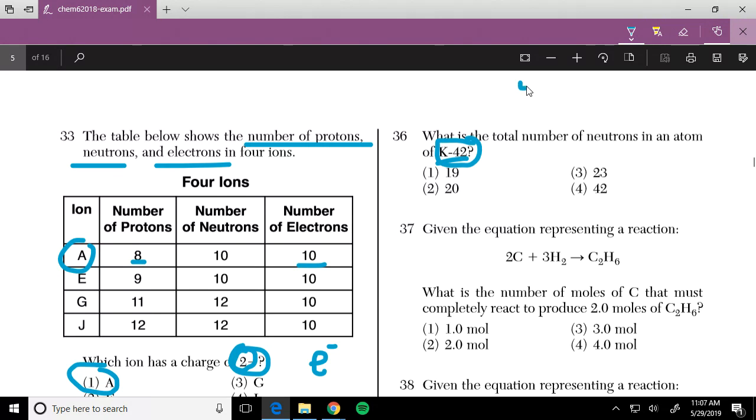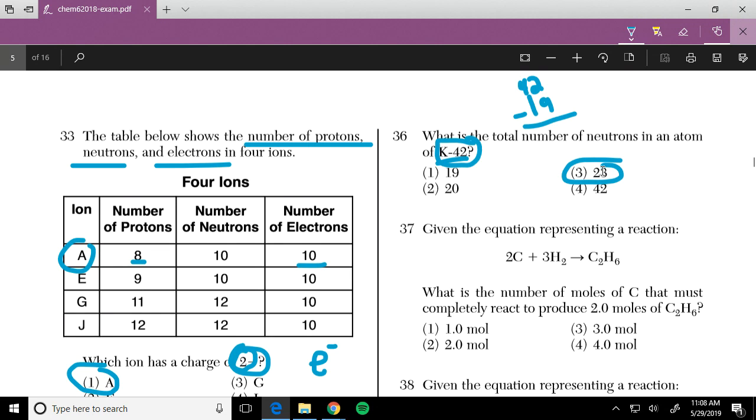So I'm going to take this total mass of 42, and I see potassium has 19 protons because it has an atomic number of 19. And I am going to just subtract those two numbers and type this into my handy dandy calculator because I do not want to mess something up like this. It's so simple. 42 minus 19 gives me 23.